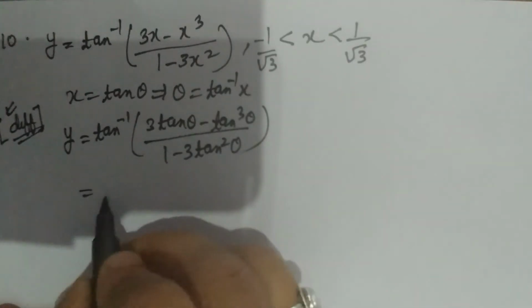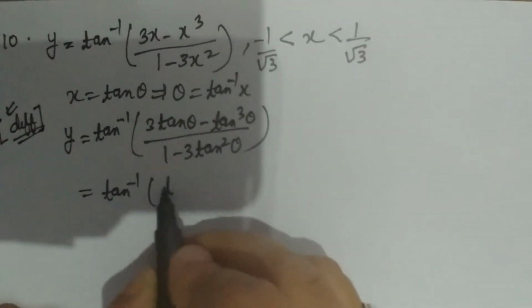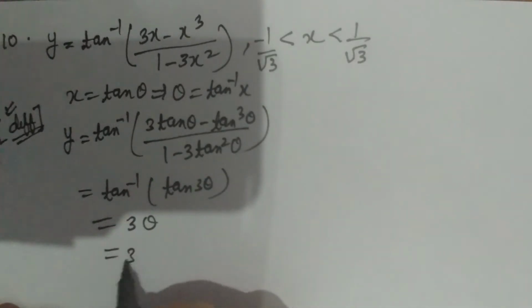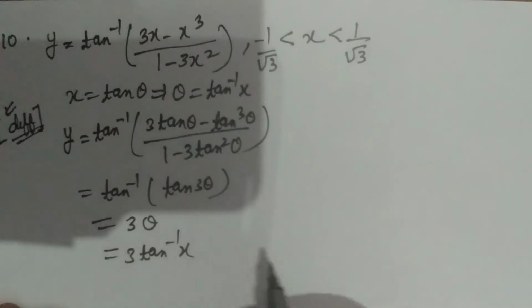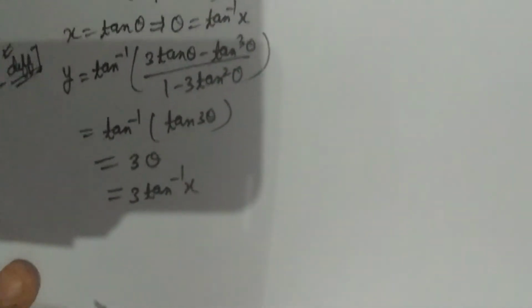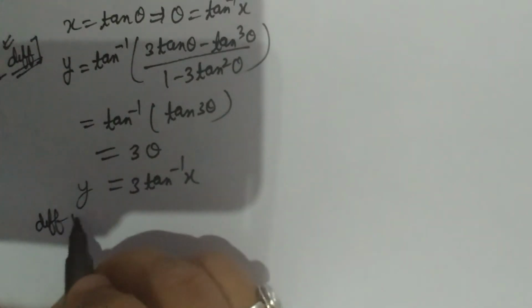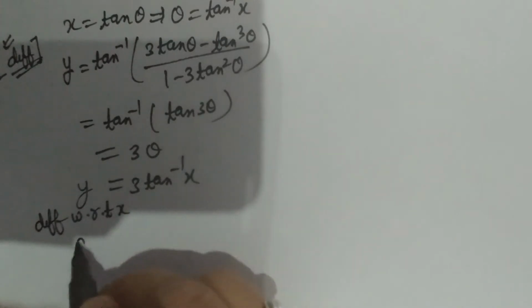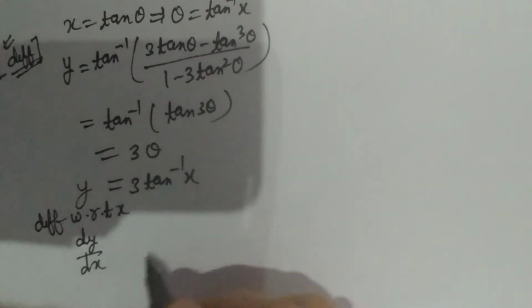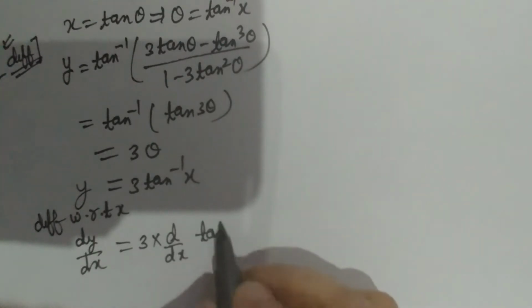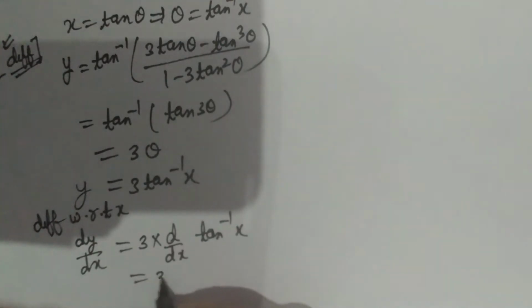This is the formula for tan 3 theta. So it becomes 3 theta, and this is 3 tan inverse x. Now I can differentiate it. Differentiating with respect to x, dy by dx is 3 into d dx of tan inverse x, which is equal to 3 into 1 upon 1 plus x square.